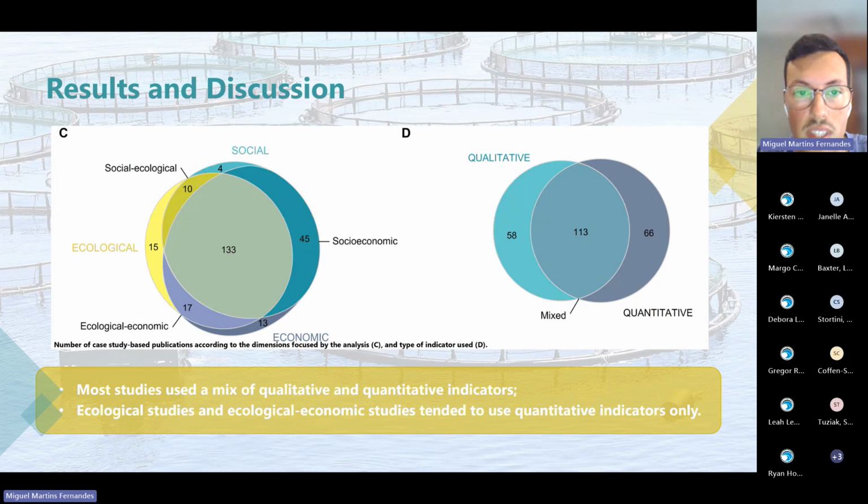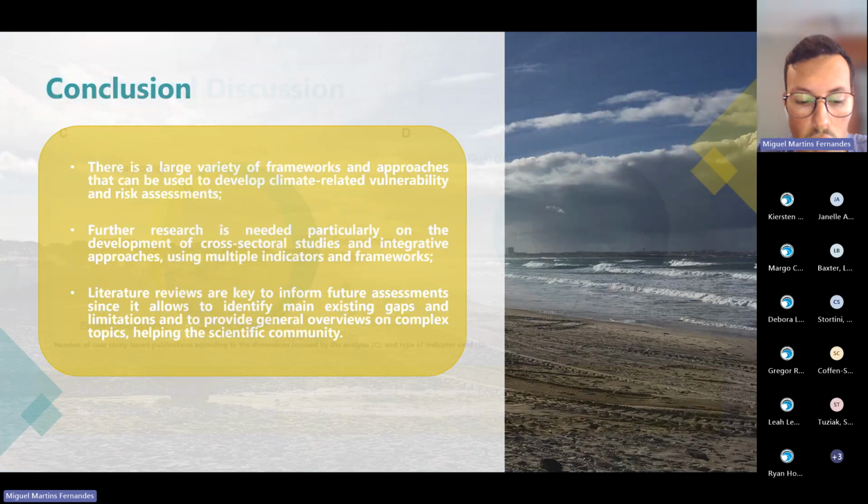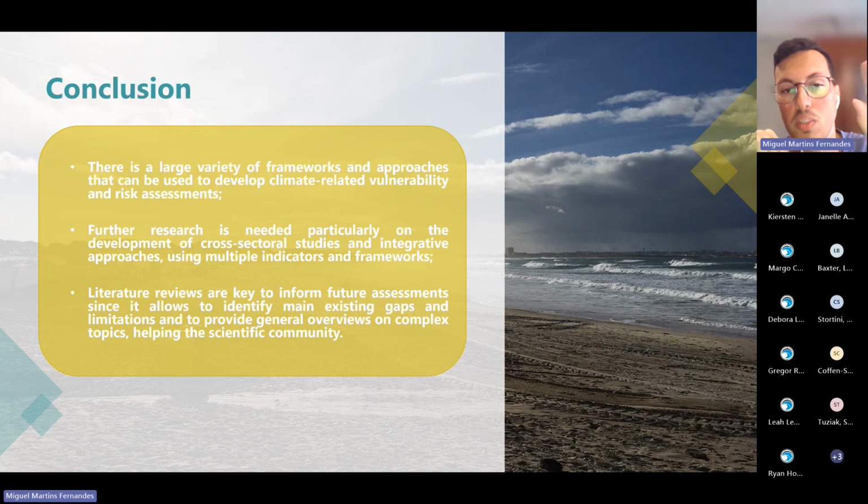So in conclusion, from the review that we performed, we confirm that there is a really large variety of frameworks and approaches that can be used to develop climate-related vulnerability and risk assessments. But at the time, we noted that the most accepted and used definition was the one from the fourth IPCC assessment report, where vulnerability was the result of exposure, sensitivity, and adaptive capacity.